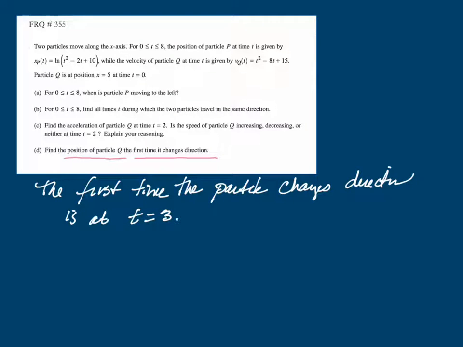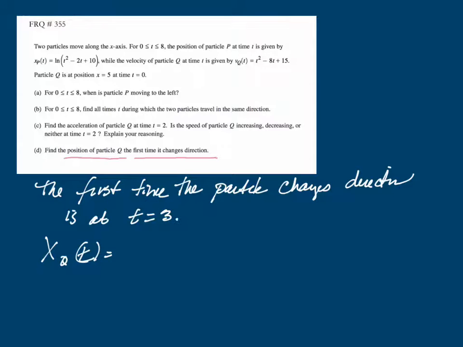So now we need to find its position, and so we're going to have to go backwards using an integral, right? So x Q of t is equal to, and now we need to include the initial position because it started out at 5, right?